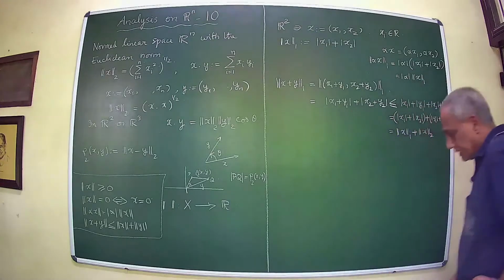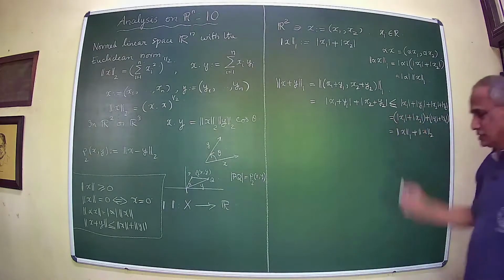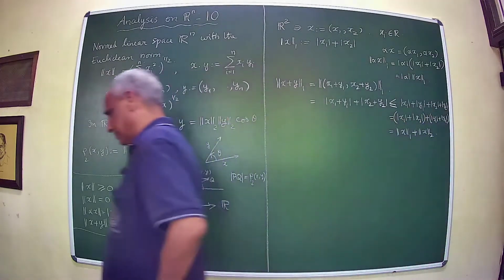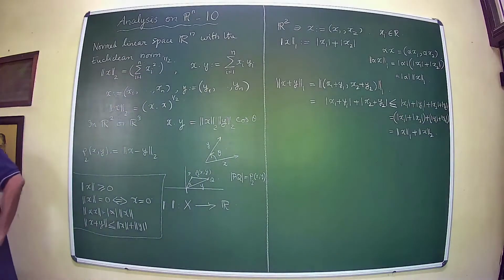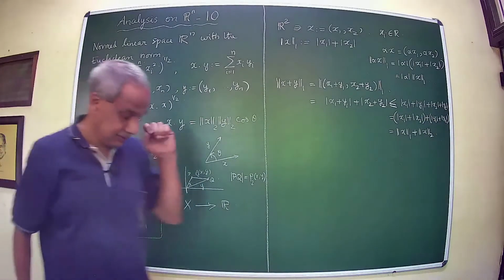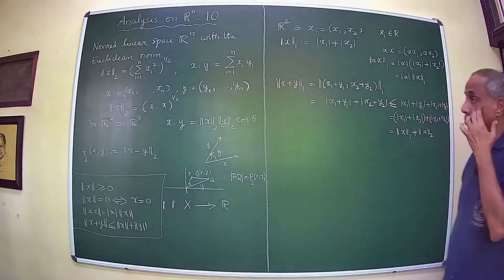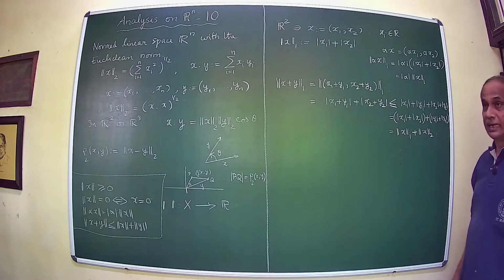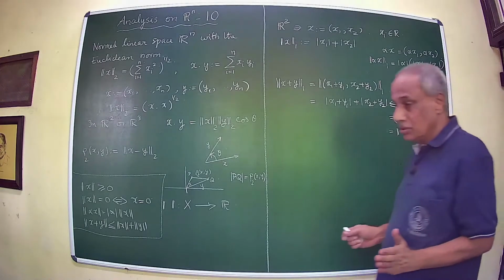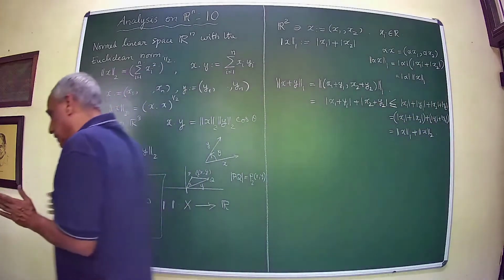Now in this case you would have observed that the computation is particularly simple, unlike in the Euclidean norm, because there you have to use two beautiful inequalities.